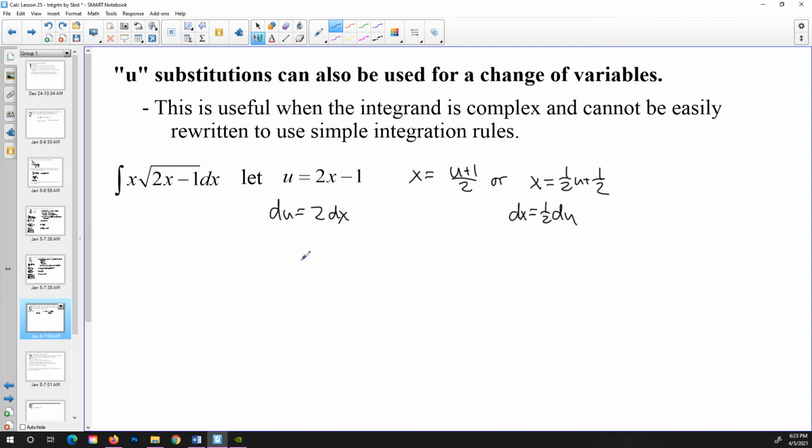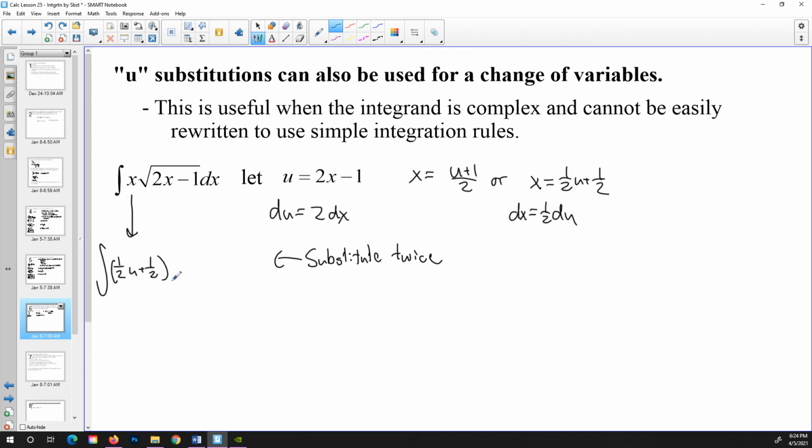We're going to substitute. So I'm going to say that x is equal to, this x here becomes 1/2 u plus 1/2, which is what I had right there.